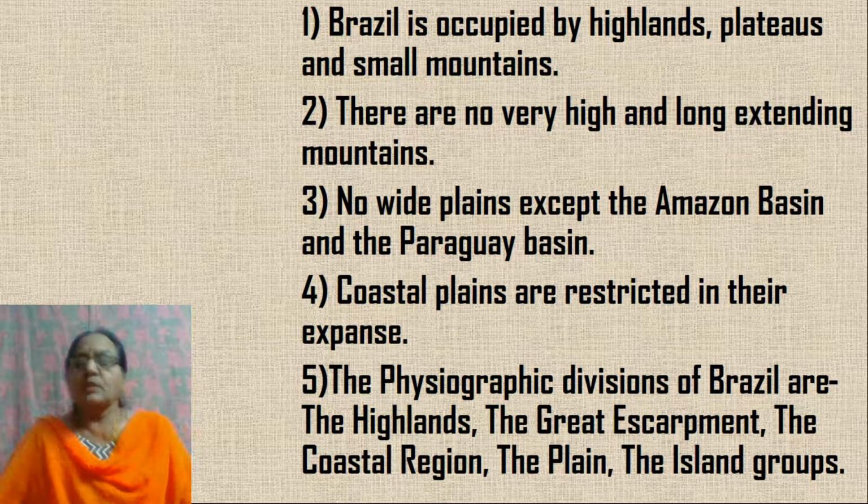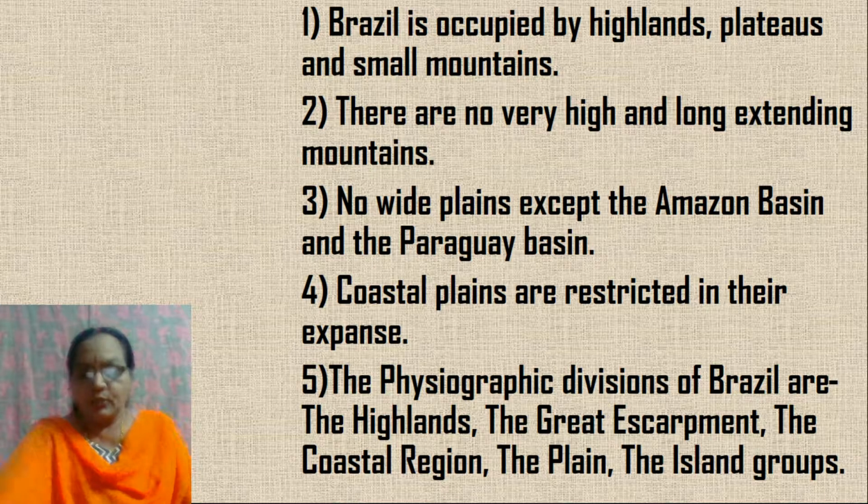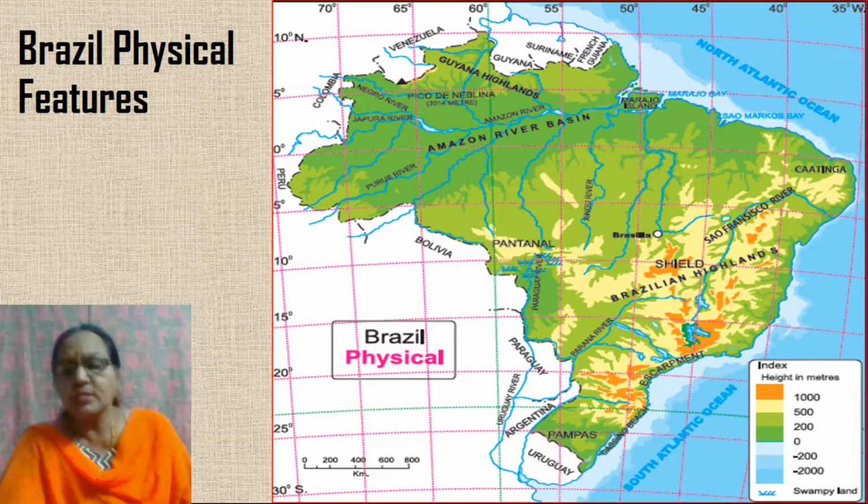Now, if you look at the map of Brazil, you'll find Brazil is mainly occupied by highlands, plateaus, and small mountains. Look at these physical divisions here. Most of Brazil is occupied by highlands, plateaus, and small mountains.